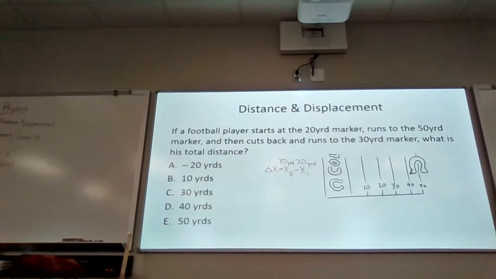Versus what about the total distance? Same scenario. The distance covered is 50 yards. Does that make sense? Distance communicates how far your feet traveled. The path traveled does matter.